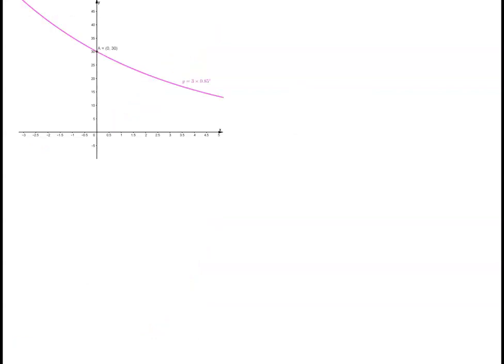Looking at this next graph, we've got the value of a is 0.85. We're looking at the graph of y equals 30 times 0.85 to the power x. We can see that the graph is an exponential decay graph, and that it is crossing the y-axis at the point 0, 30.